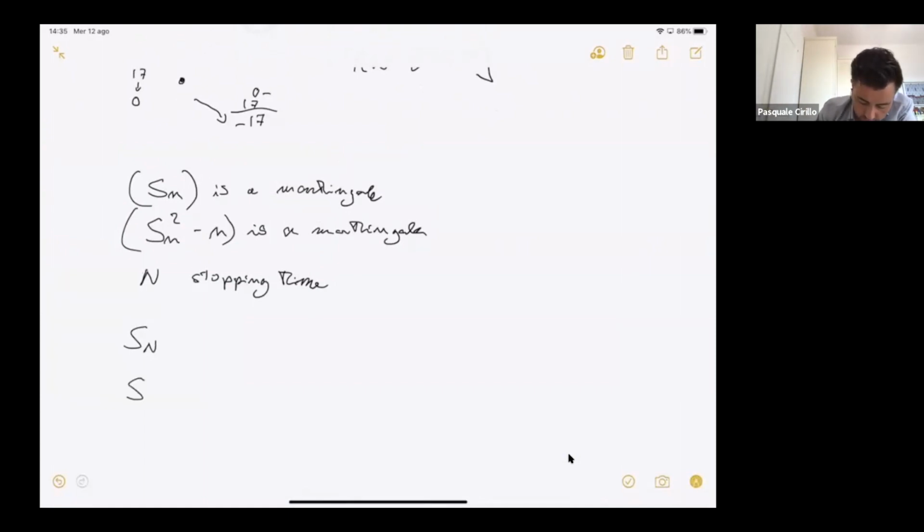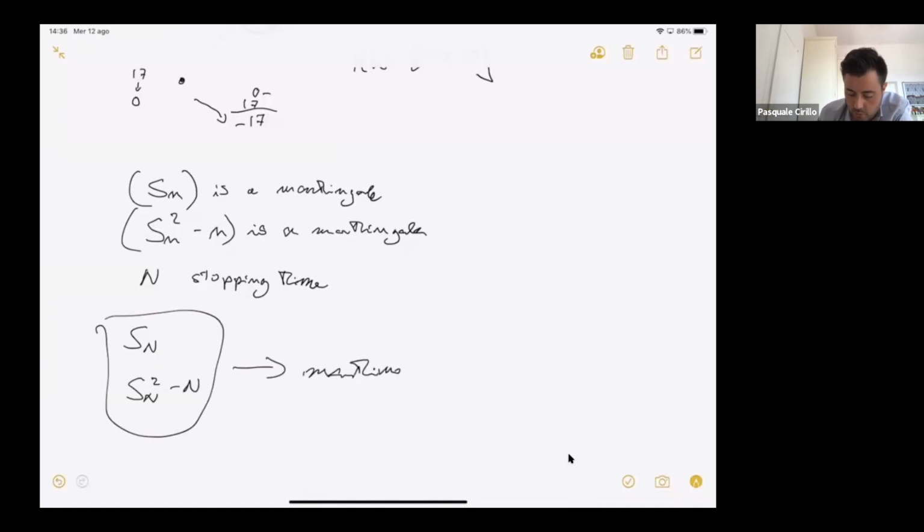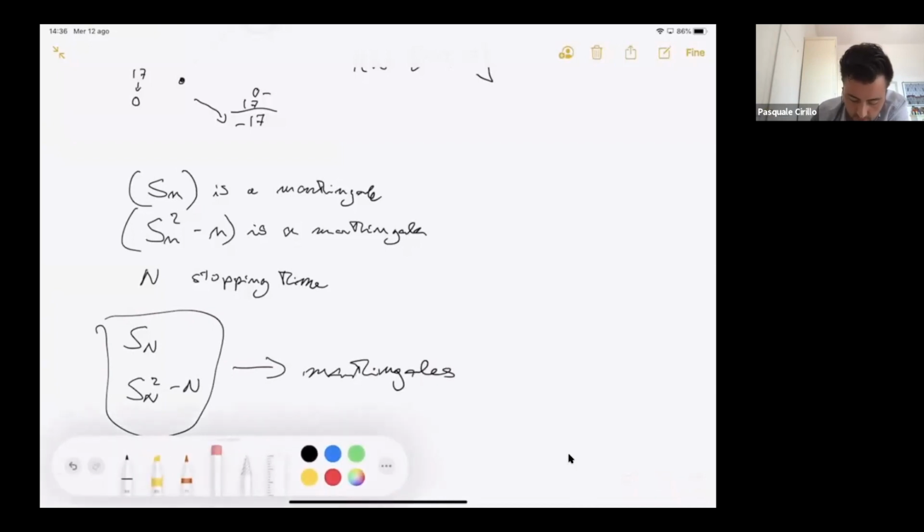And also S_N squared minus N is a martingale. So these two quantities, there is no need to prove that they are still martingales, because we are stopping two martingales with respect to a stopping time, okay? And this stopping time is a random variable that satisfies the condition that we gave yesterday.